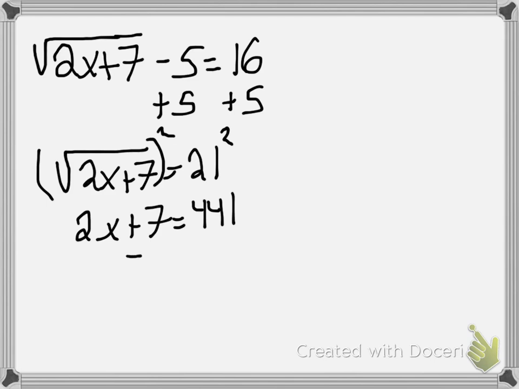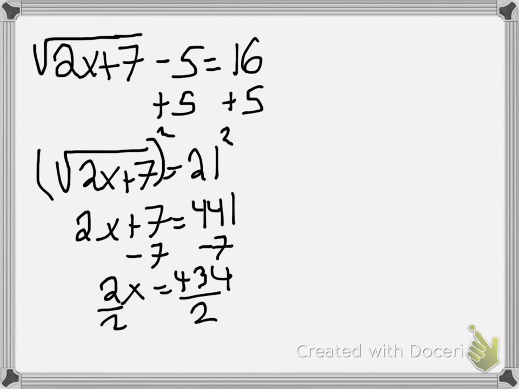We subtract 7, and we get 2x equals 434. And then we divide by 2, and we get x equals 217.